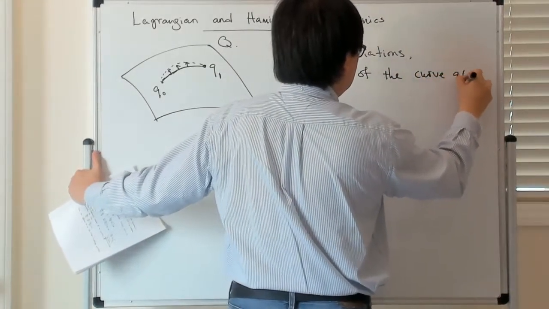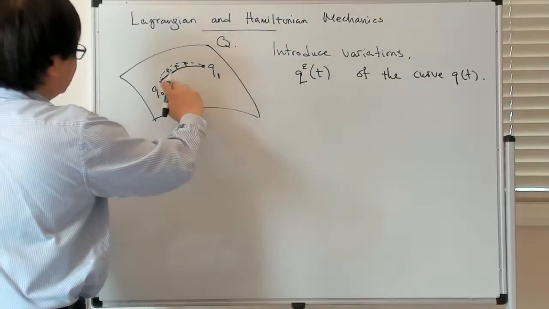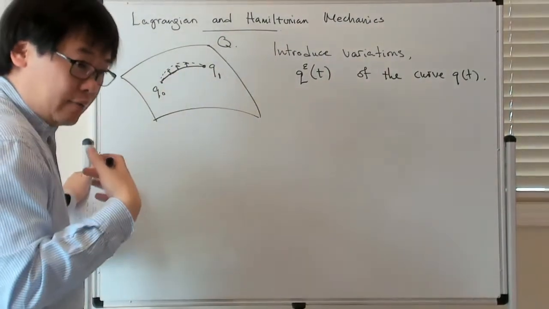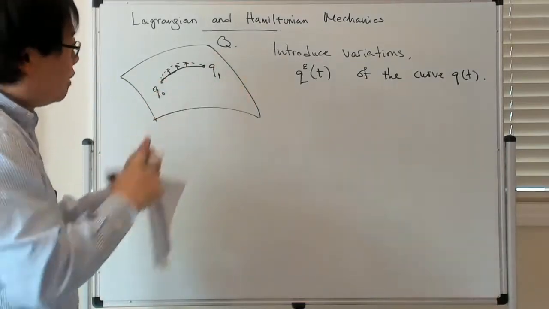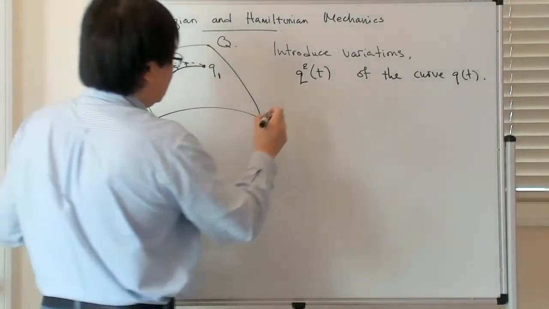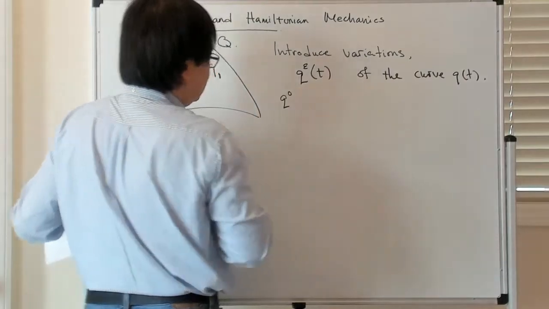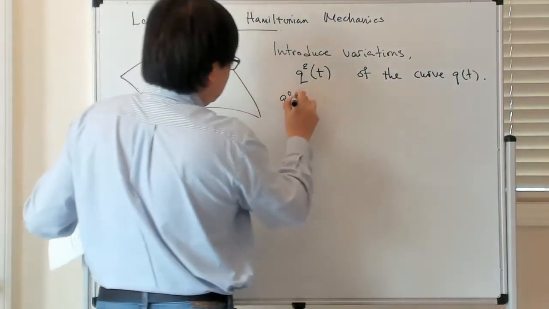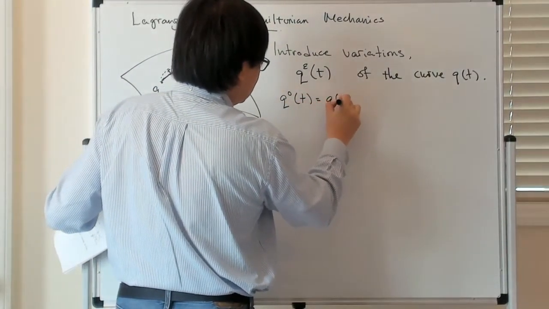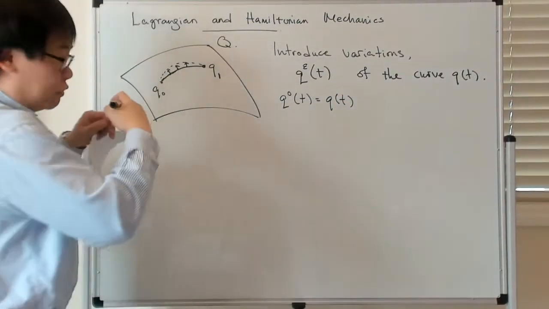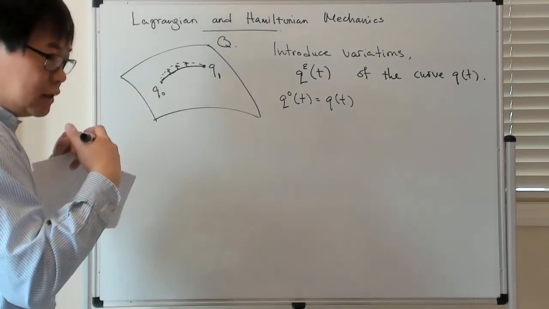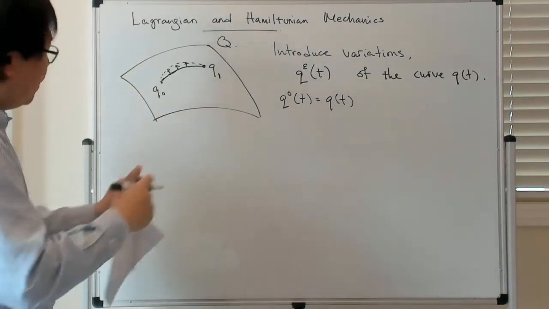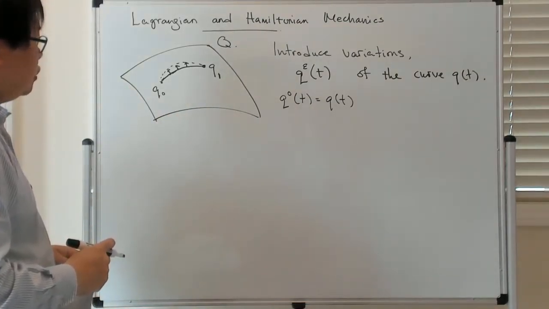You have this original curve which we call q of t, and then we consider the variation q epsilon of t, which is a parametrized family of curves with the property that when epsilon is equal to 0, you recover the original curve itself, and as epsilon varies, you vary smoothly away from this initial curve.